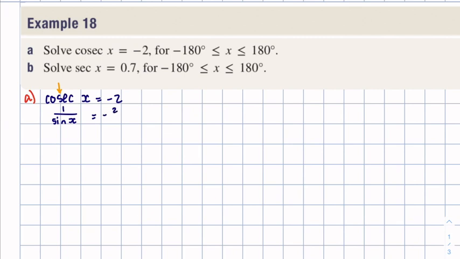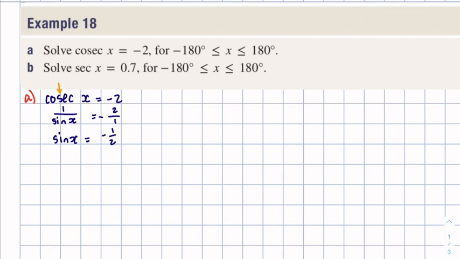And I'm just going to chuck it as minus 2 over 1, yeah? Which means sine x equals minus a half. I didn't need to chuck it as minus 2 over 1. I could have just done the minus out the front. So sine x equals negative a half.